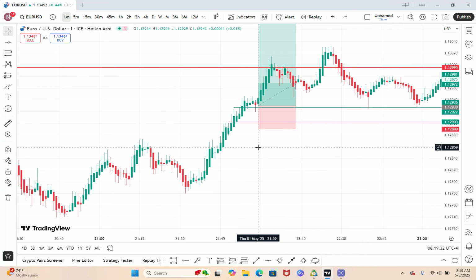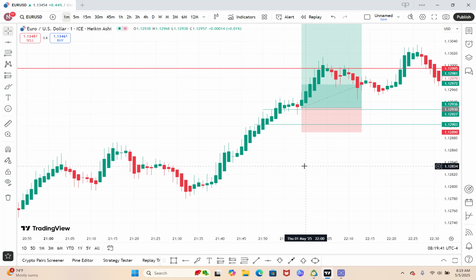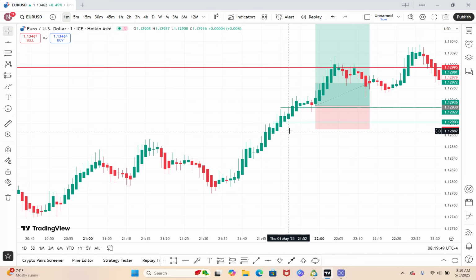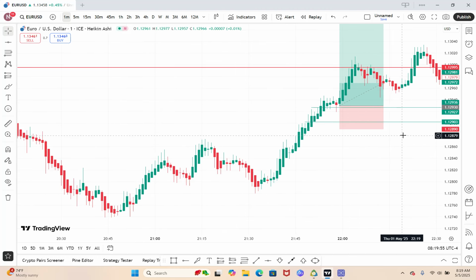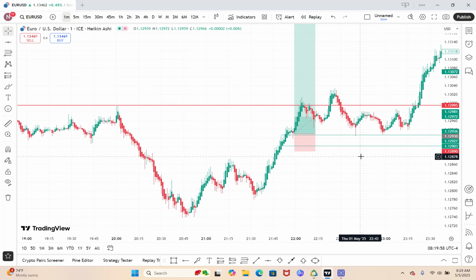In this area right here, we decided to take a buy trade because buyers have a market structure right here, a strong bull candle above this structure. So if our theory was right, buyers should be in control, pushing the market up. Look at it.